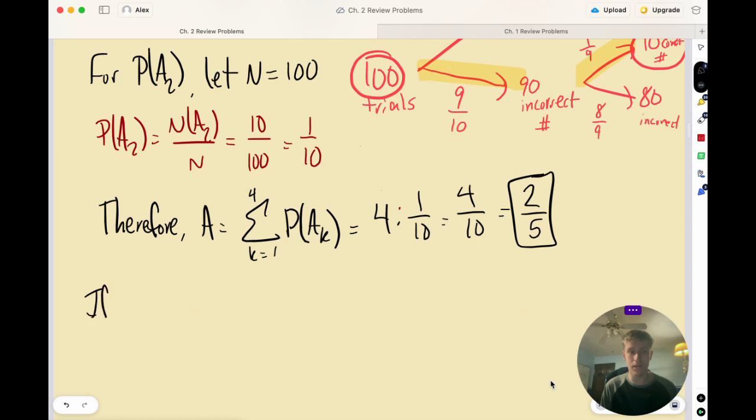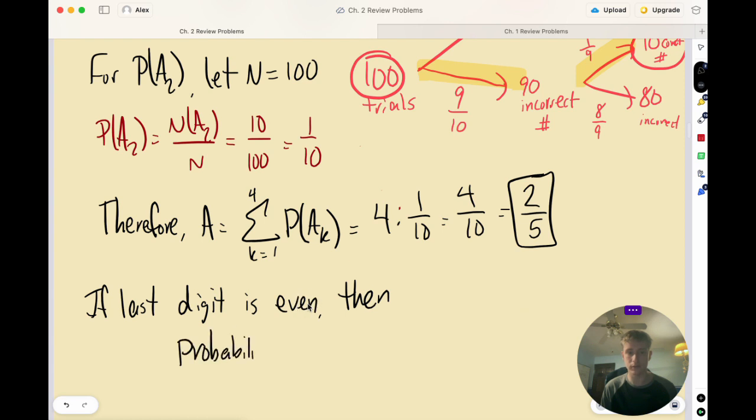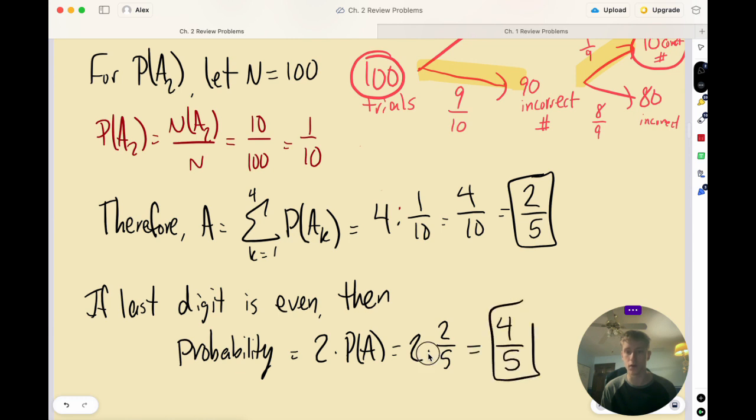So if the last digit is even, then that probability is really twice the probability of A, which is 2 times 2 fifths, which gets you 4 fifths. And that is problem 11. Let's move on.